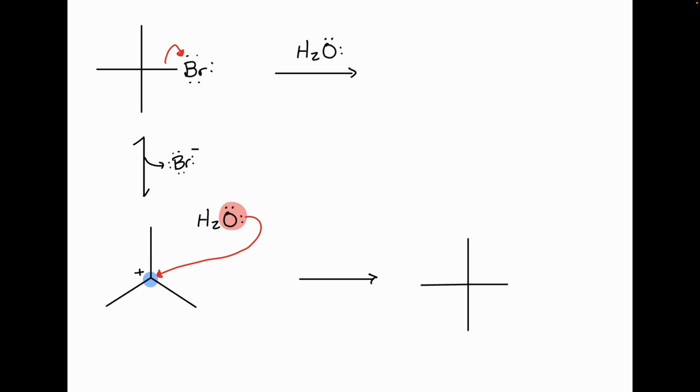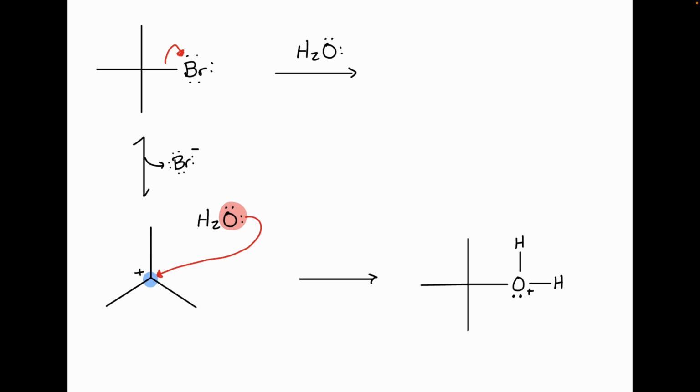Bond formation, so I have this new carbon-oxygen bond here, but I still have those two hydrogens on that oxygen atom. So complete this intermediate for me. What am I missing? I got lone pair, and then what should my charge be? Positive charge. And this isn't going to be our product of this reaction.